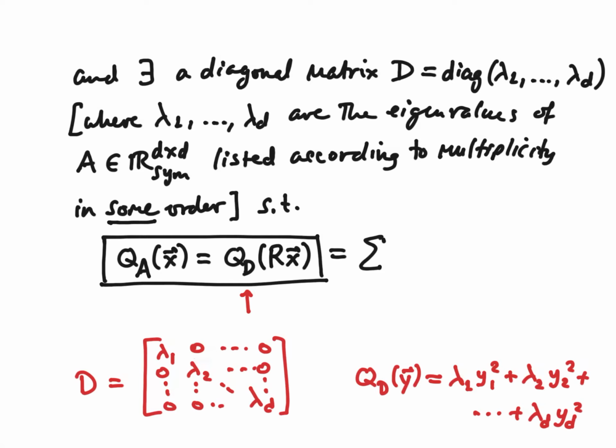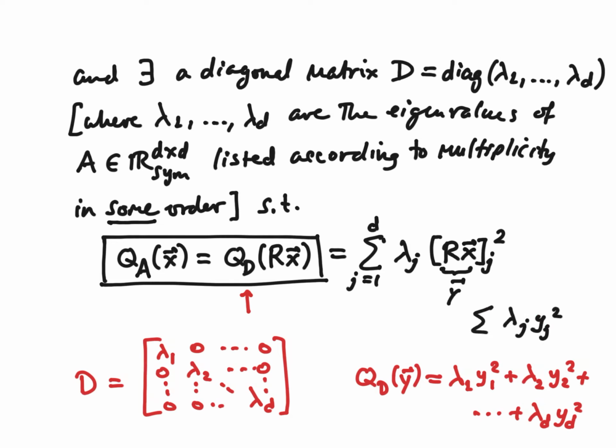So this is now the sum of lambda j, where j runs from 1 to d, times the jth component of the vector R times x, squared. This R times x is what I called y down here. You pick out the jth component of y, which is yj, and square that, and then you have lambda j.